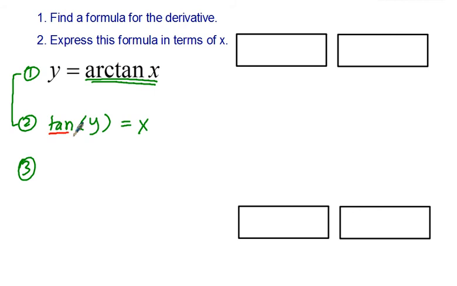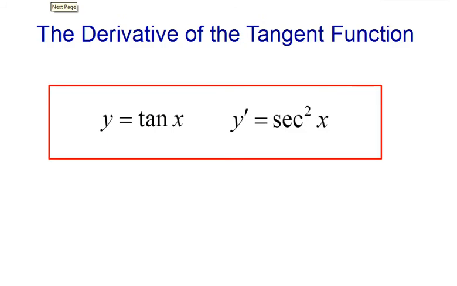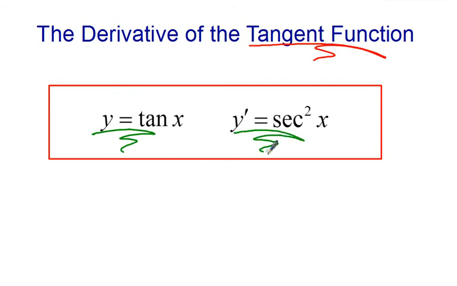We need d/dx of tan y and d/dx of x. In order to do that, let's revisit a couple of things. First, the derivative formula for ordinary tan is listed here. We'll assume for this video that you already know how to reach this result, that the rate of change of tan x is secant squared x.